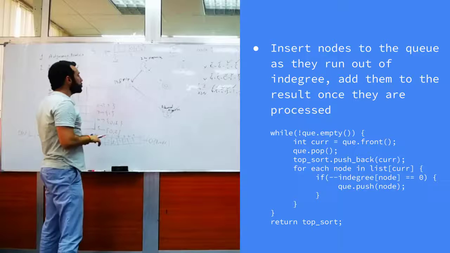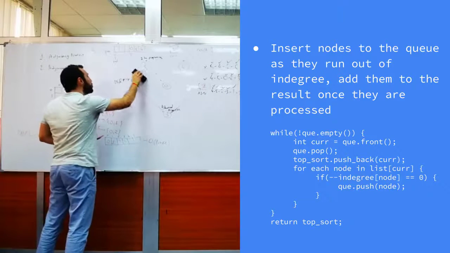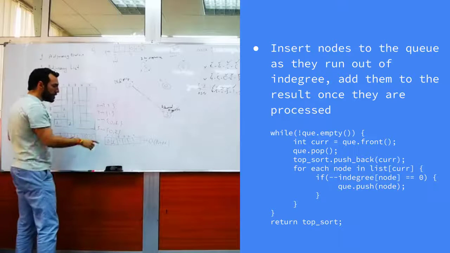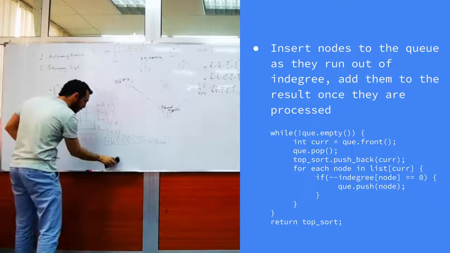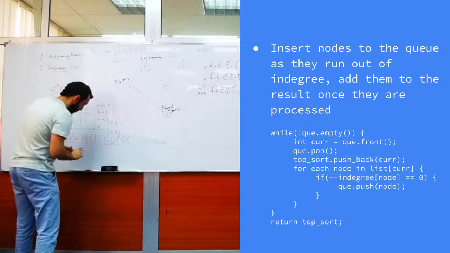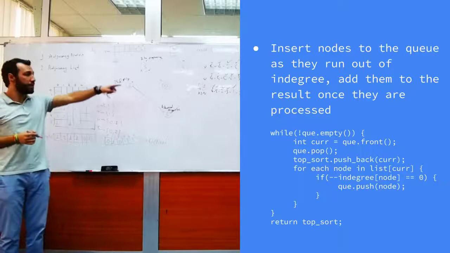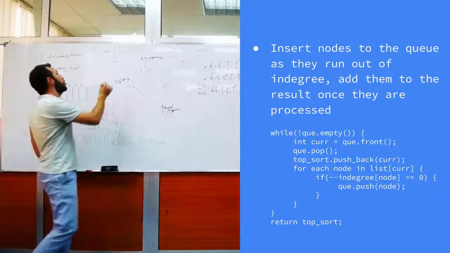And I will do the same thing for this edge. Once this edge is removed, the incoming edge count for 2 is going to be decreased by 1. And now I have another indegree 0. When I see an indegree of 0, I insert that node into the queue.